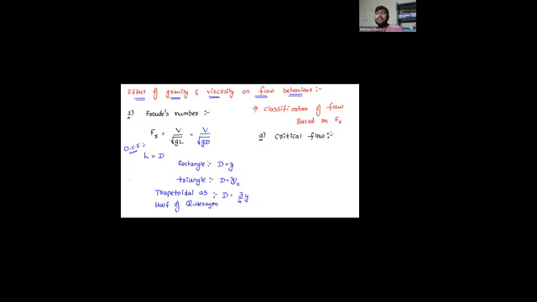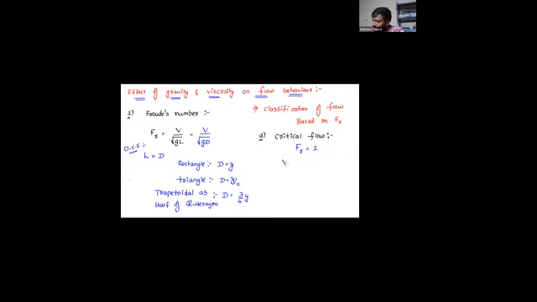In the case of Reynolds number, you say laminar, turbulent or transition. But in the case of Froude number, you don't say transition or turbulent. We say critical, subcritical, supercritical. So when do you say it is critical, sir? Whenever the Froude number is equal to 1, we say the flow is a critical flow.